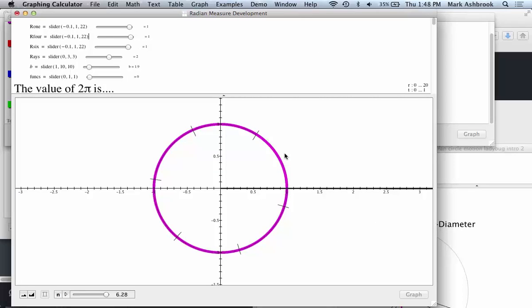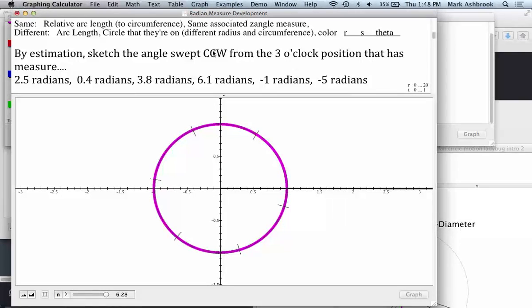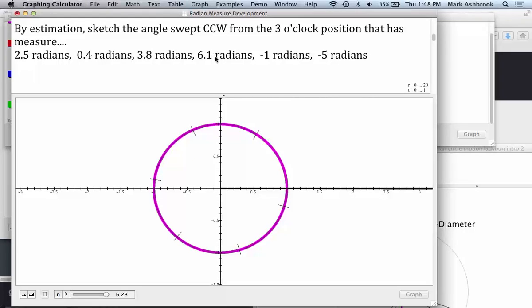Okay. So what I want you to do is, by estimation, so notice here, we can sweep out all the whole numbers, and you had practice with this. So that's 1 radius length, therefore 1 radian, then 2, 3, 4, 5, 6, and then full rotation.